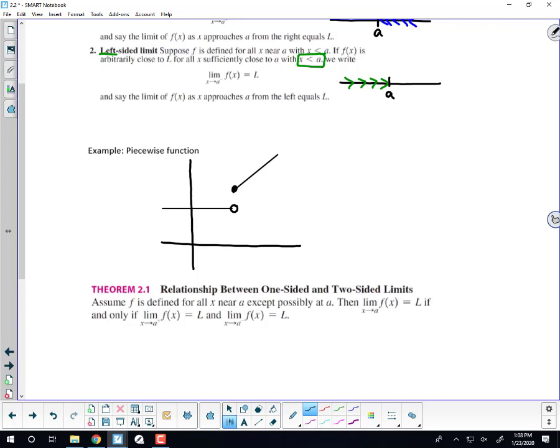We'll just say we have something like that. This is an x value of 3. And so at this point, it wouldn't make sense to say, what is the limit as x approaches 3 on this function?